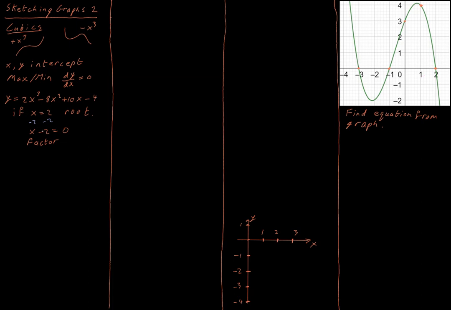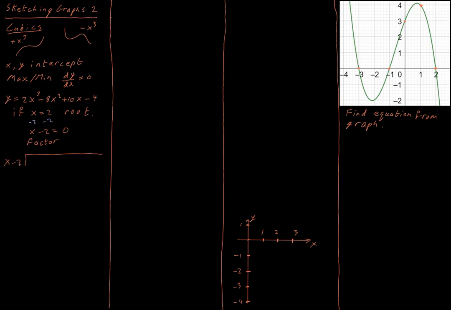So now that we have our factor, we could either draw our bracket and complete the bracket to get it equal to the cubic, or we could do long division. In this case, we're going to do long division, but we could do either. So we have x minus 2, and we're going to do long division.